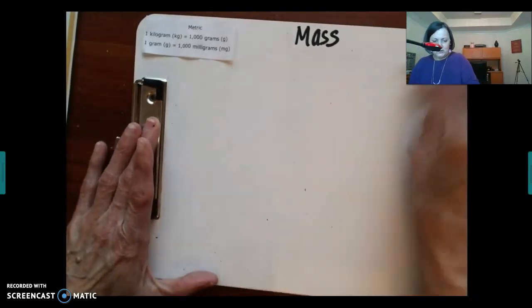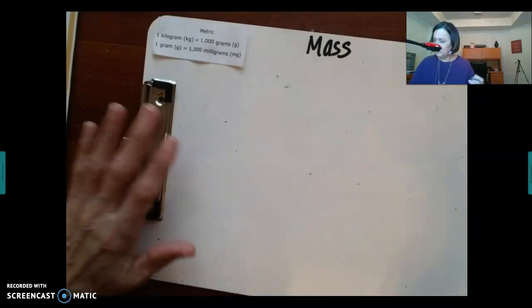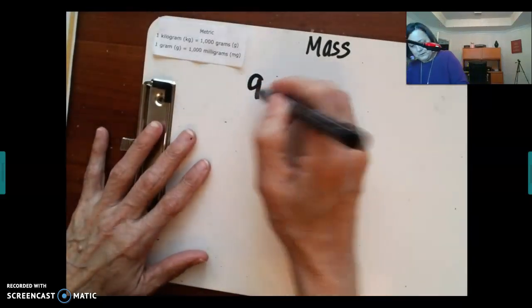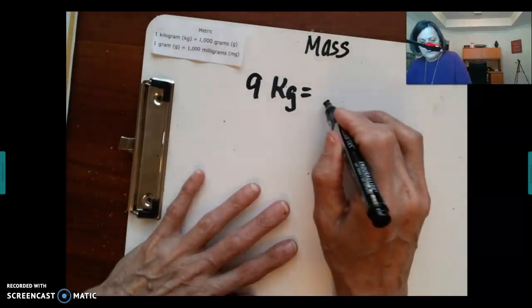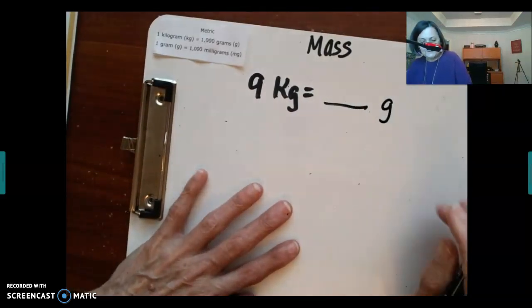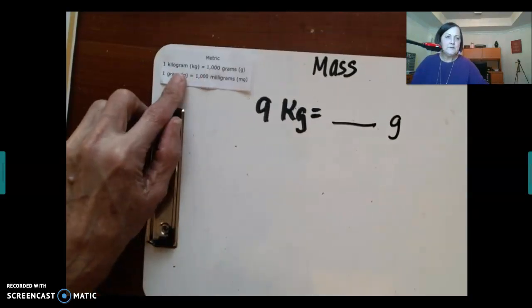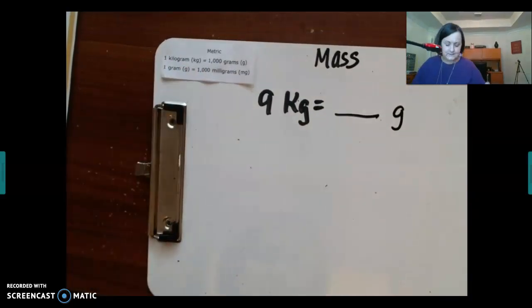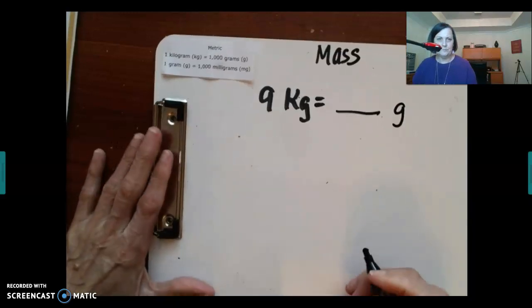Now it's your turn to do. All right, this one is for you, boys and girls. I want you to take 9 kilograms, and I want you to tell me how many grams are in 9 kilograms. Here's the information you'll need. First, make your tic-tac-toe 3 in a row and label it. Okay.